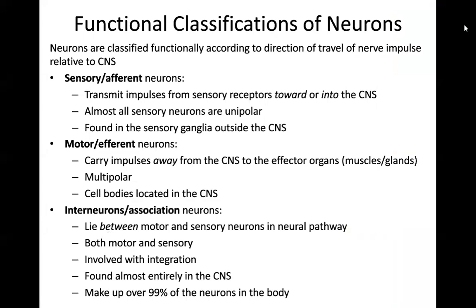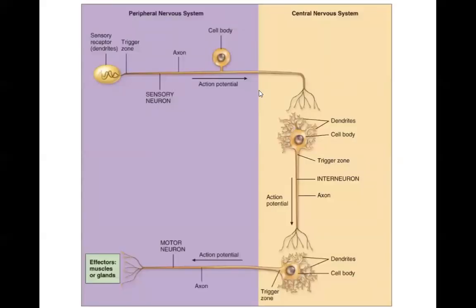These are the ones that are involved with high-level processing, what we call integration. Remember, we provide input to our central nervous system. If we're thinking like a feedback loop, you touch something hot, signal comes in, we decide what to do with that information, which triggers a response, right?